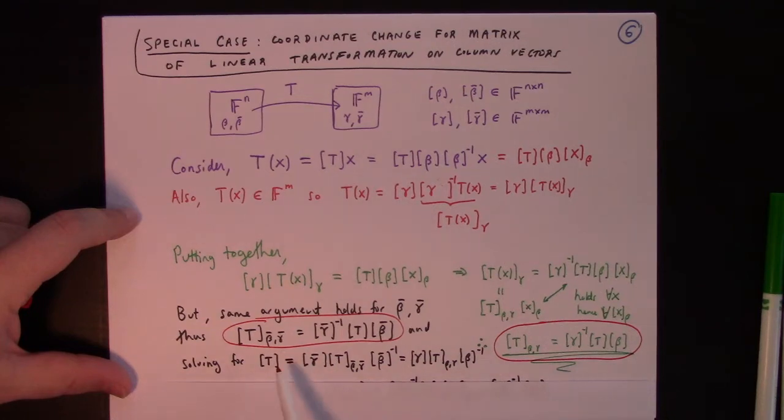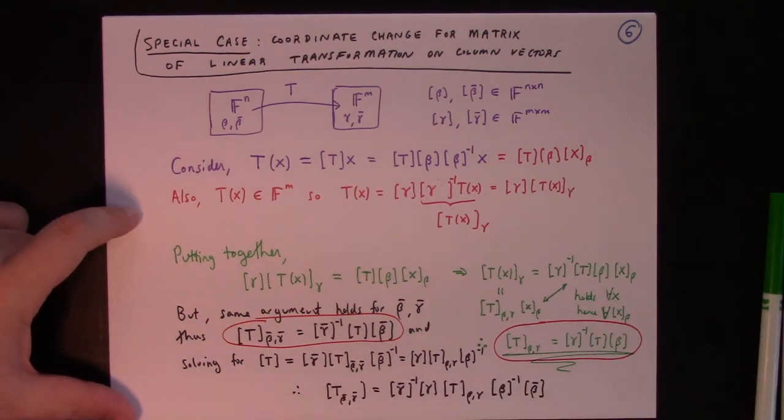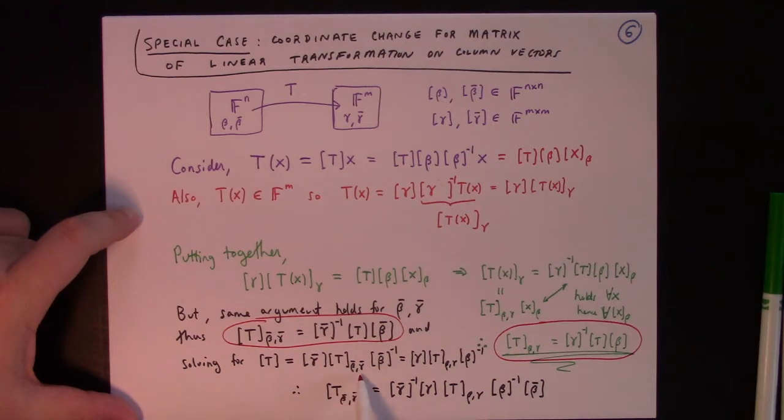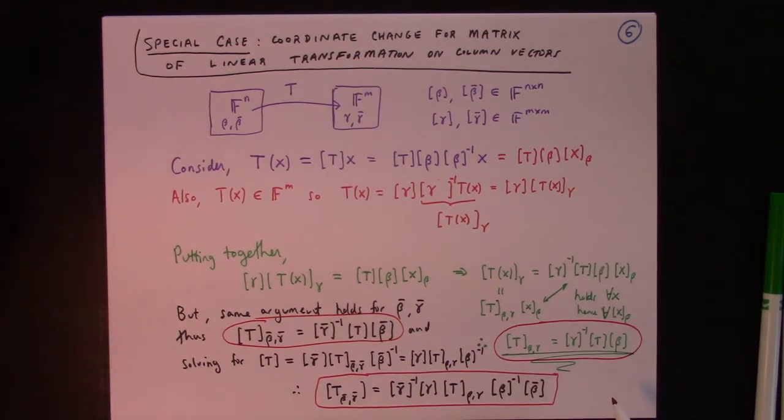And when we do that, we get standard matrix is equal to this is equal to that. And then, of course, I can take this and I can solve for the barred matrix, and there you go. That's the formula. The relation of the matrix of a linear transformation of column vectors with respect to different choices of bases, beta bar versus gamma bar.